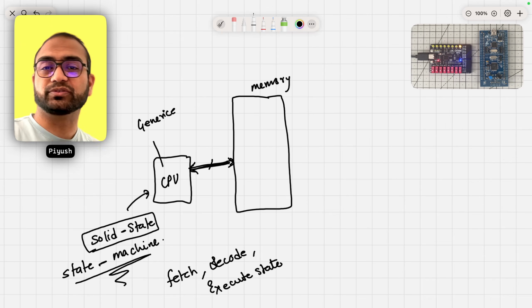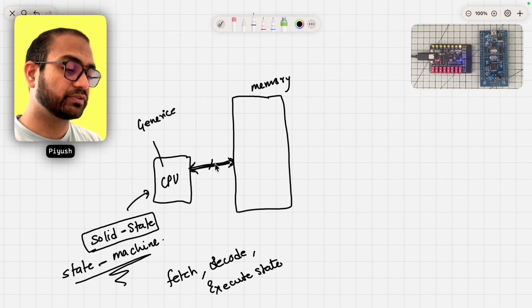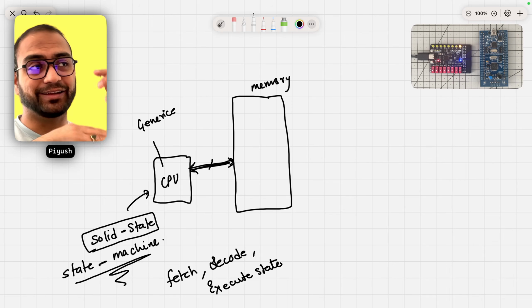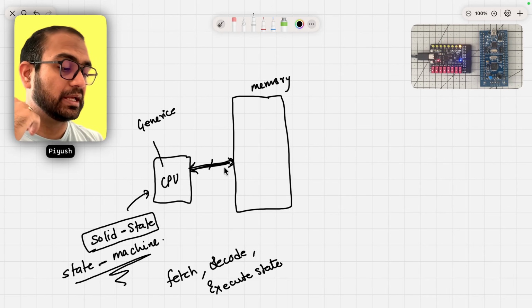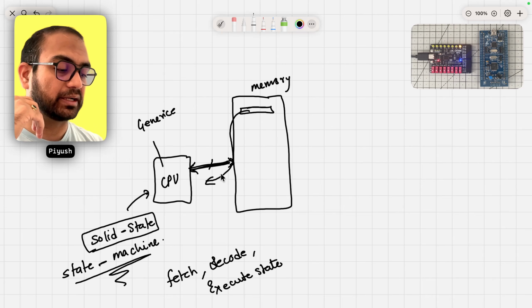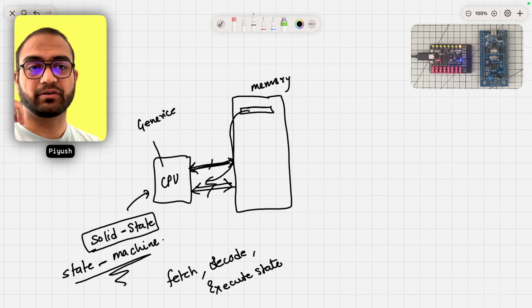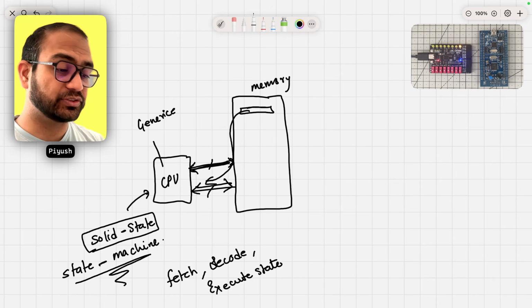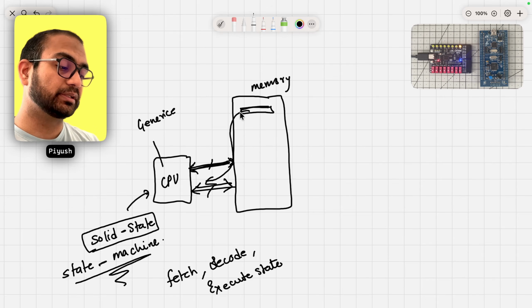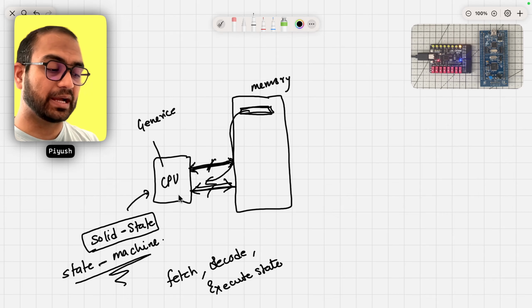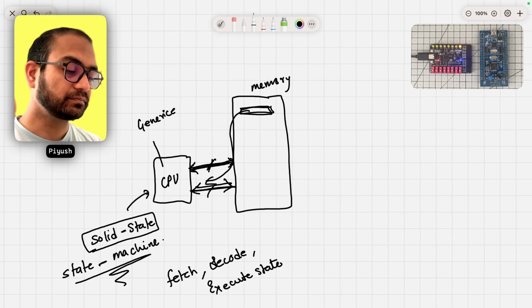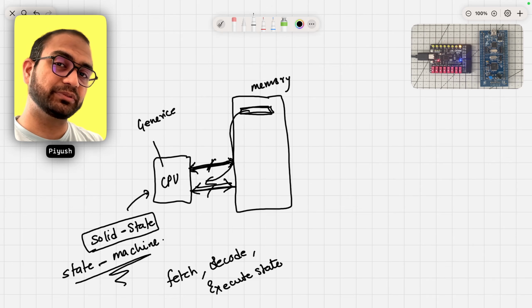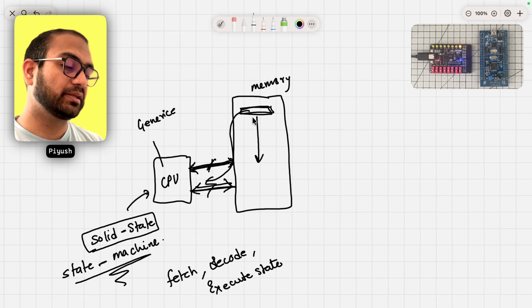It can put some values on the wires, those bit values like zeros and ones, that can reach the memory, and the memory then can put on the data bus or the instruction bus the content at the given address, and that can come back to the CPU. That's number one.